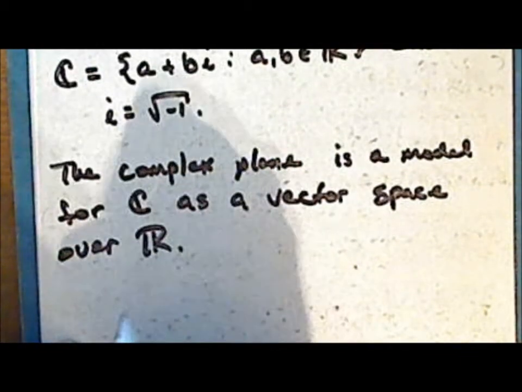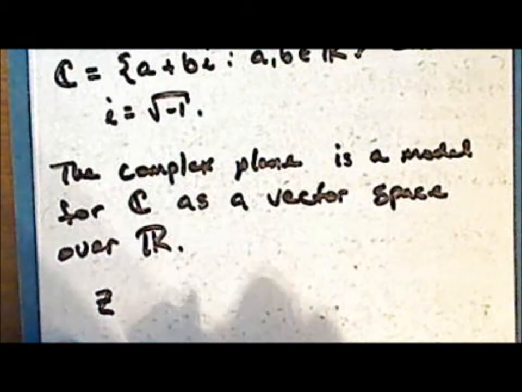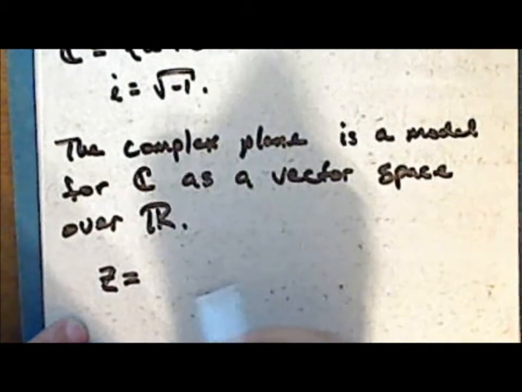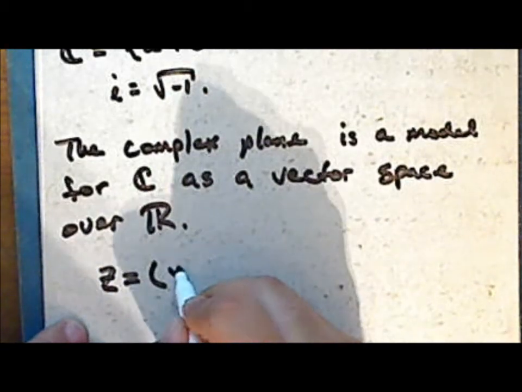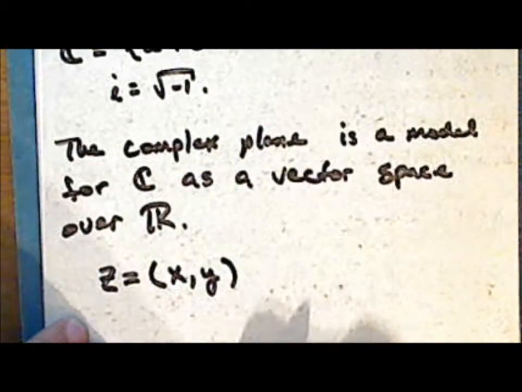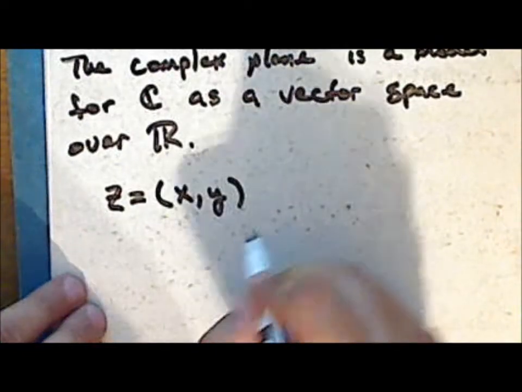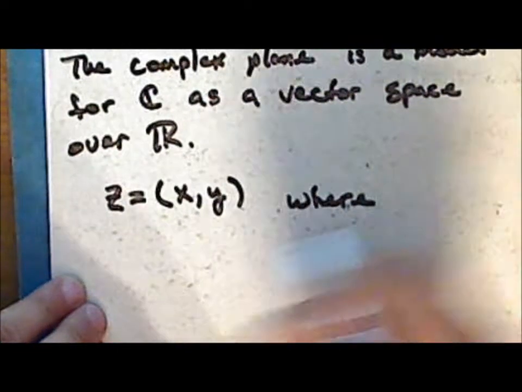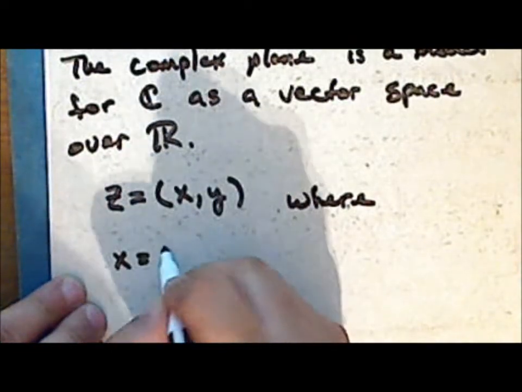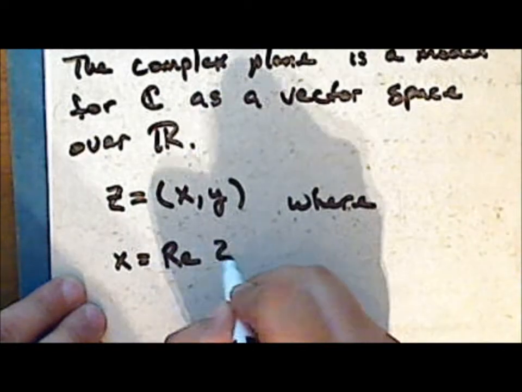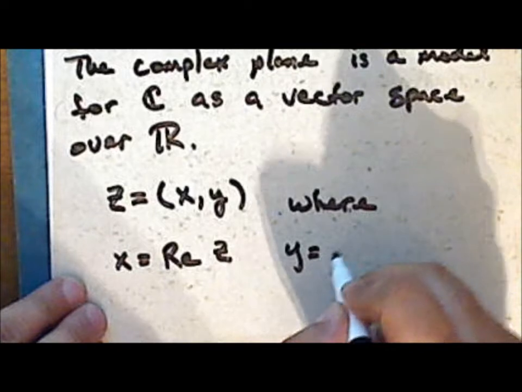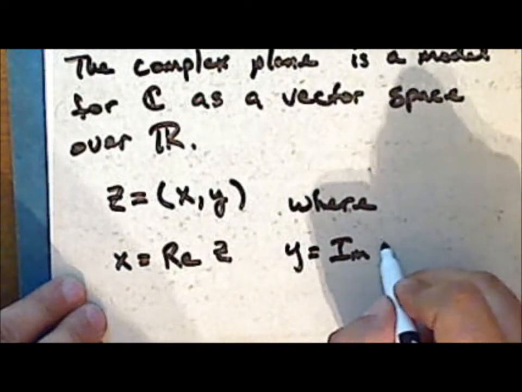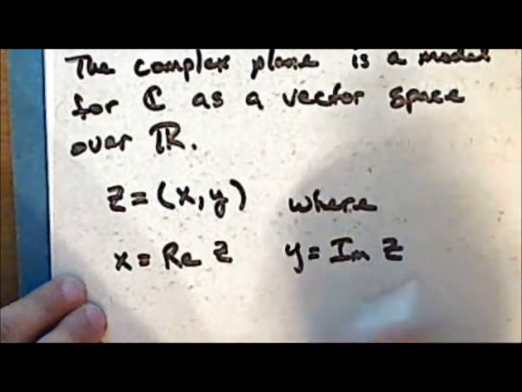So a complex number z is expressed in the complex plane as an ordered pair of real numbers x, y, where the number x is the real component of the complex number z and the number y is the imaginary component of the complex number z.